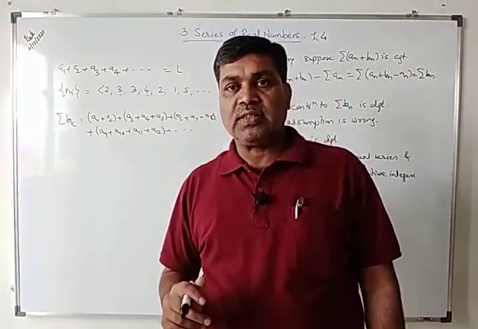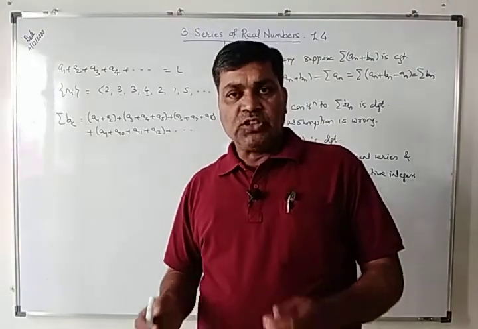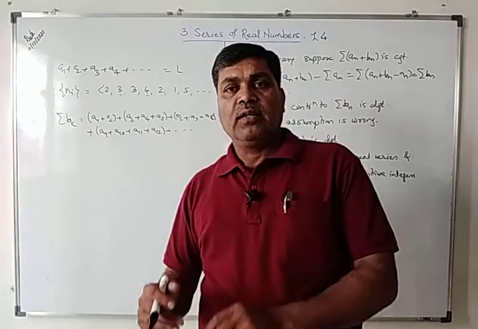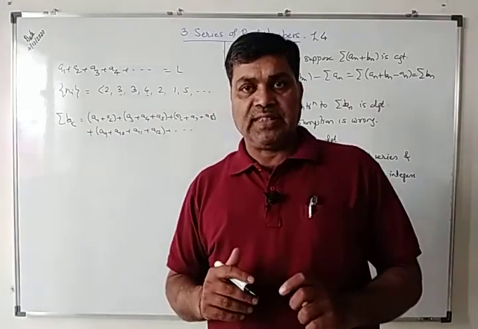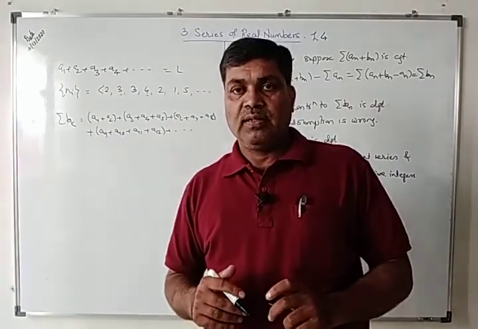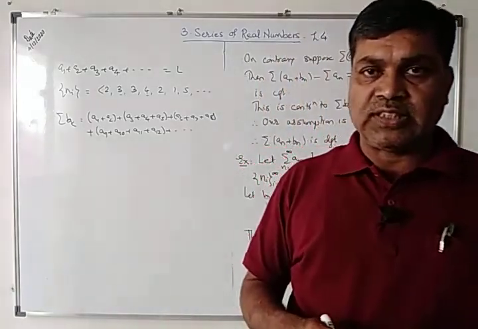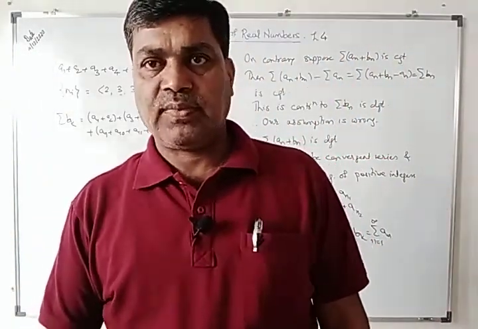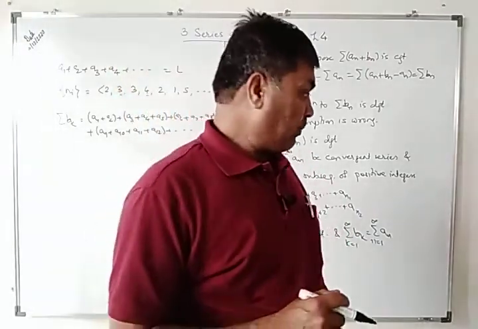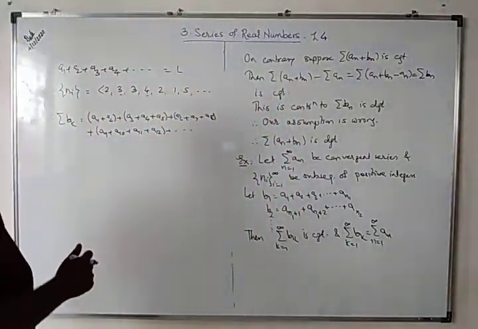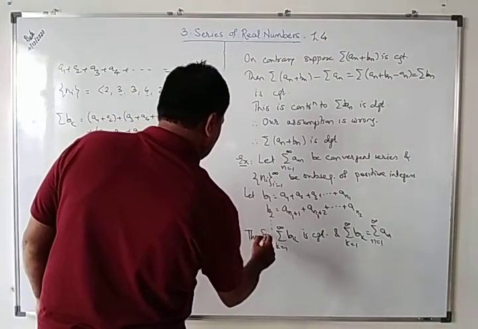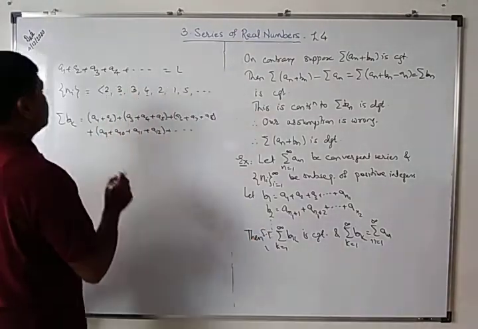Insertion of brackets doesn't affect the sum of a convergent series. But if the given series is divergent, then insertion of brackets may affect it. Okay. So this is an exercise.